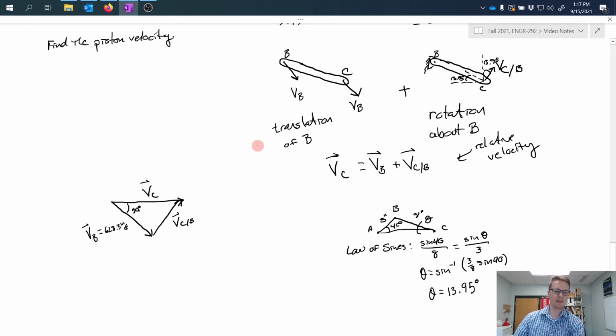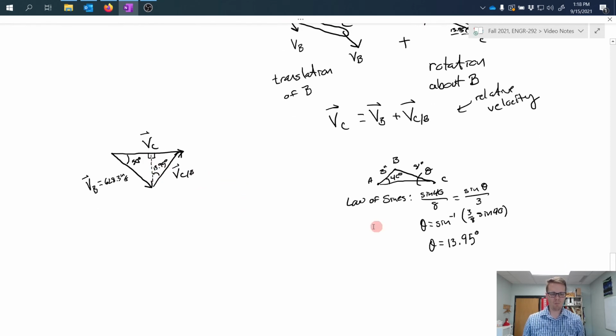So I can represent that over here on my vector triangle if I draw a vertical line and label this angle here. All right, so I'm getting pretty close.